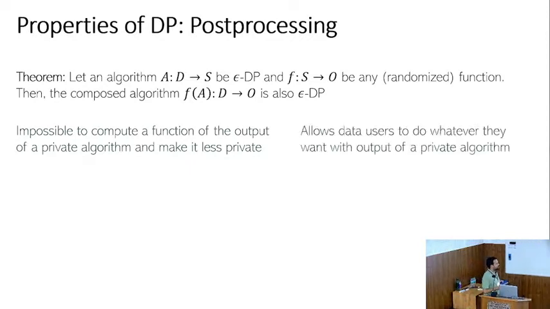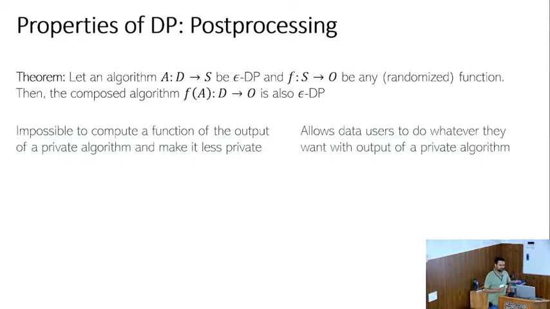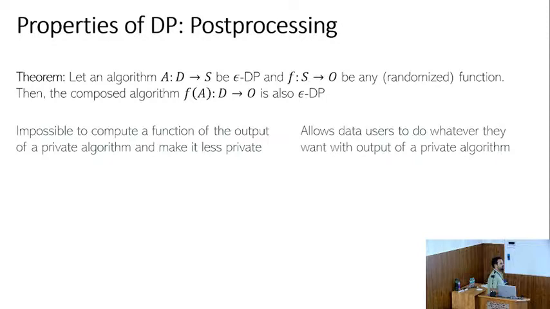And it allows the data users to do whatever they want with the output of a private algorithm. As long as I, as an algorithm designer, give a private algorithm, I don't care what the data users do with it. I have given privacy. We'll see the proof, and it will also be on the board.